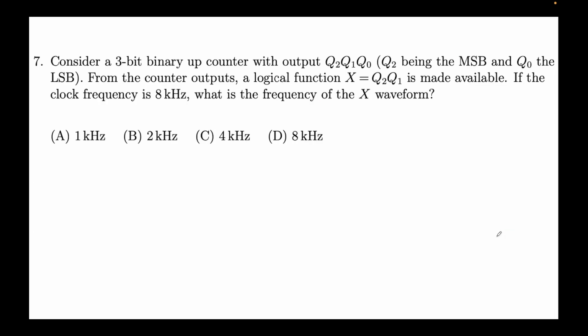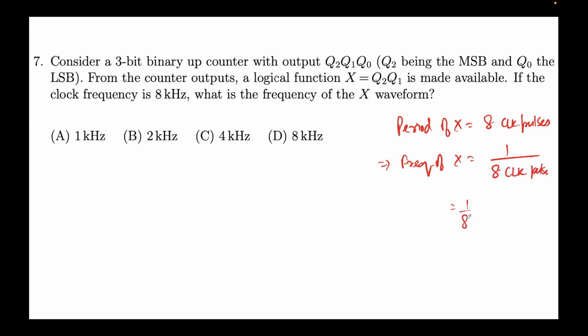So we see that the period of x is 8 clock pulses. So this means the frequency of x would be 1 over 8 clock pulses.